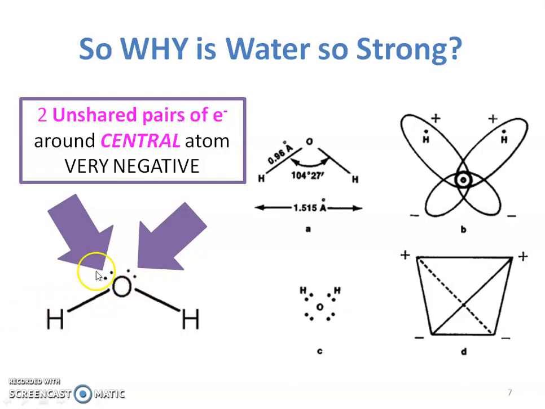We're going to now focus on the two unshared pairs of electrons around the central atom. When I say central, it might not always be the center of the molecule, but it's inside, not on the outside. So we're talking about the oxygen that's inside this water molecule and the fact that it has two non-bonding pairs of electrons. So that's going to be really important to make it very polar.